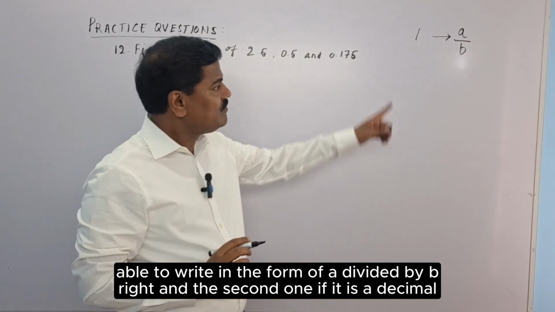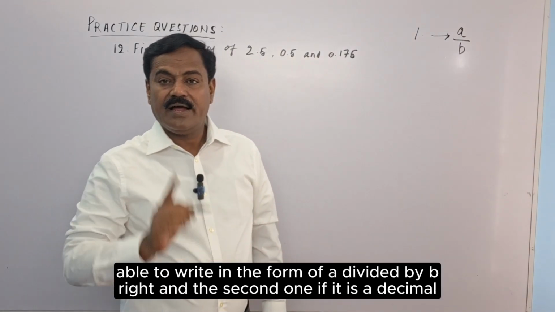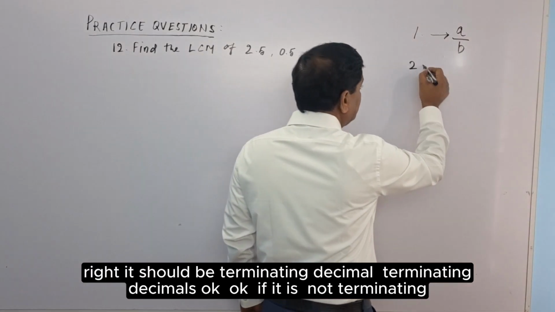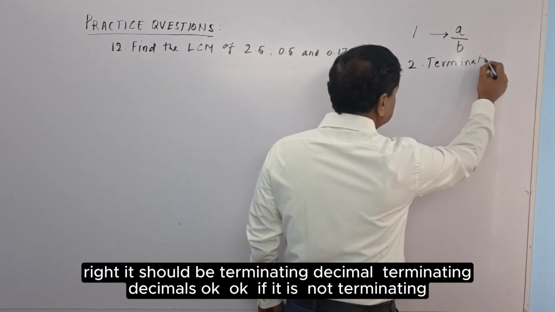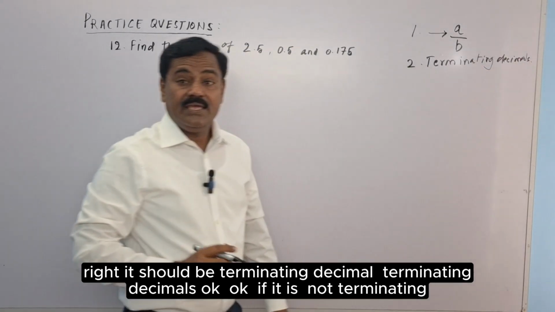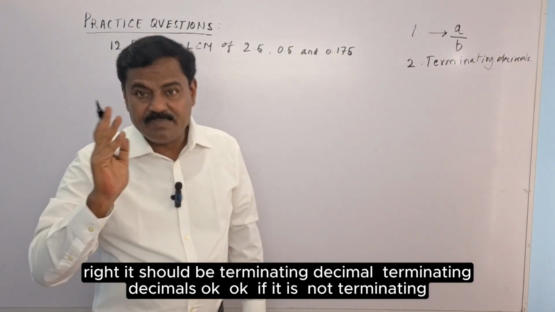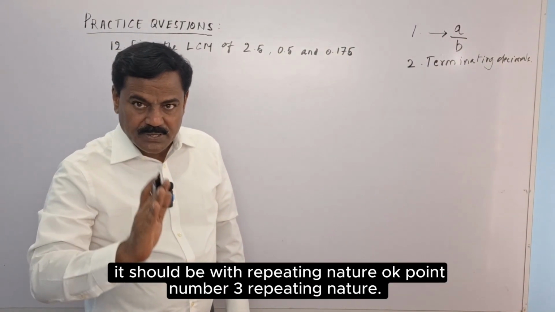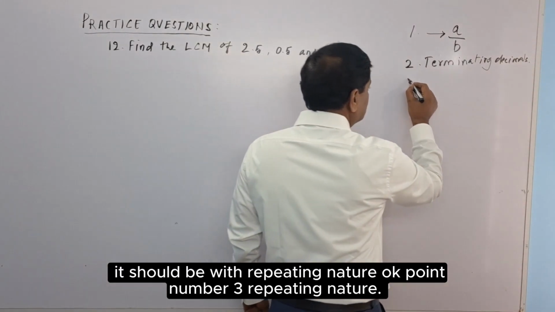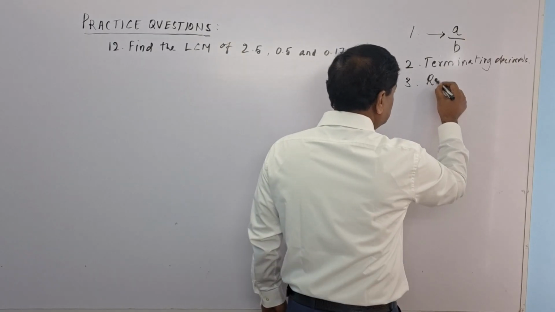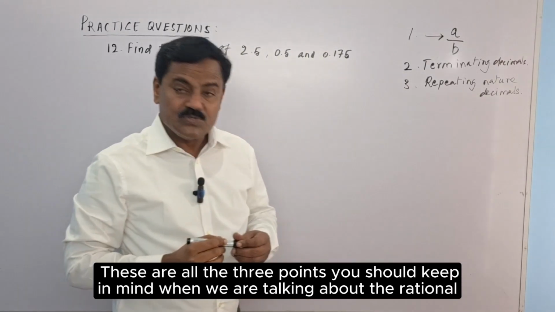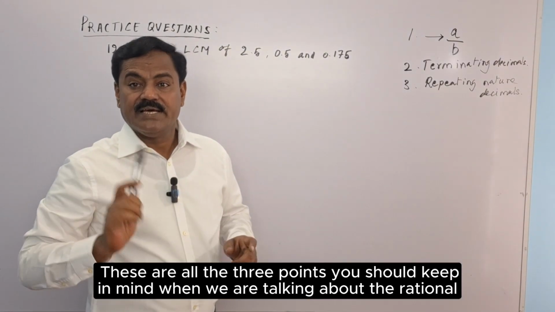And second, if it is a decimal, it should be terminating. If it is not terminating, it should be with repeating nature. These are the 3 points you should keep in mind when we are talking about rational numbers.